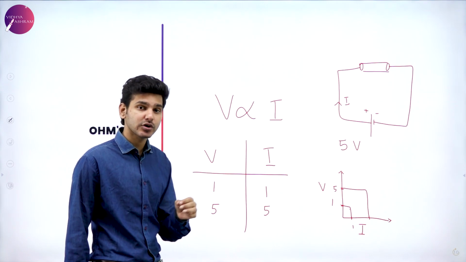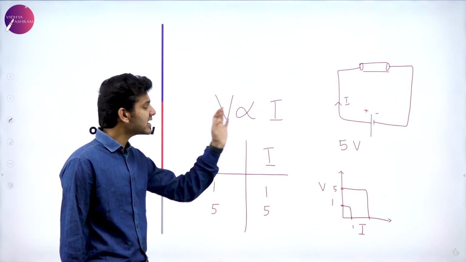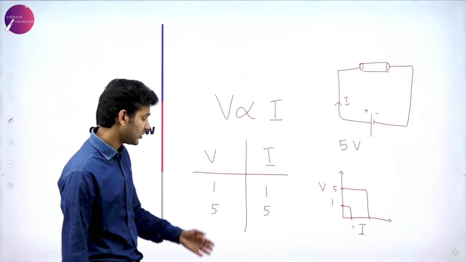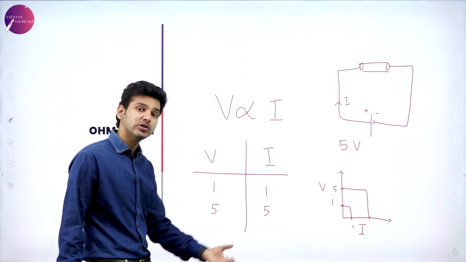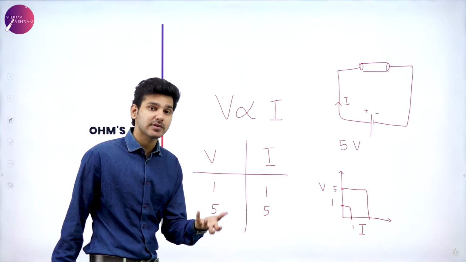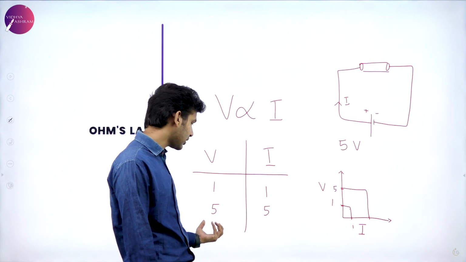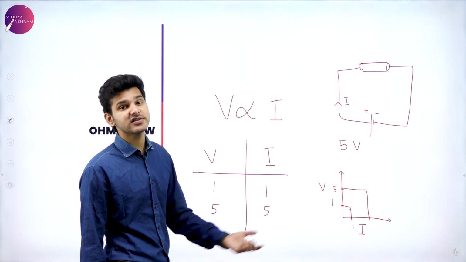Just like that, I plotted even more values with increasing amount of voltage and respective current values. So as I increase the voltage values, the I value also was found to be increased proportionally, directly proportionally. That is, if I took voltage 5, current was 25. If I took voltage 10, the current was 100.